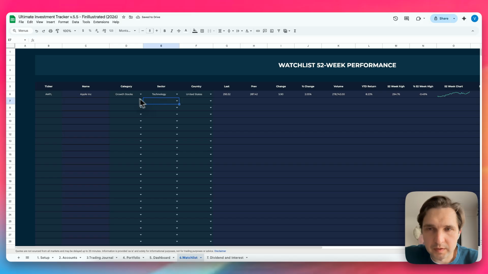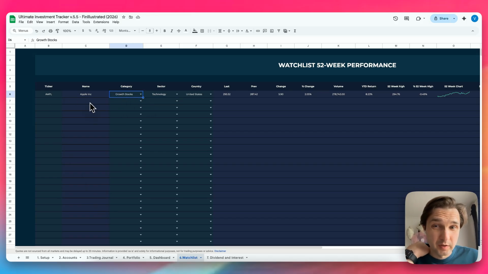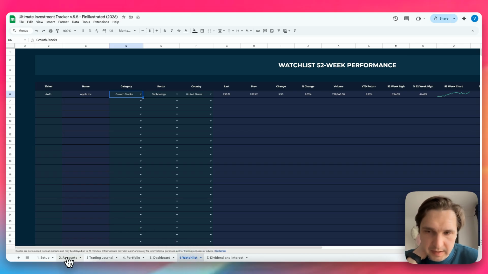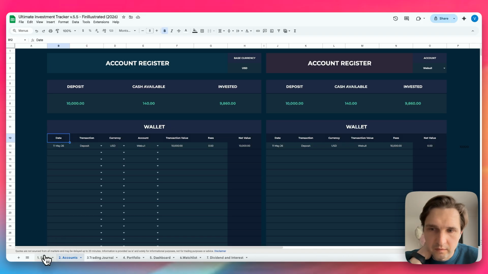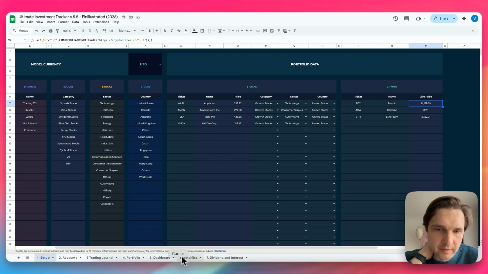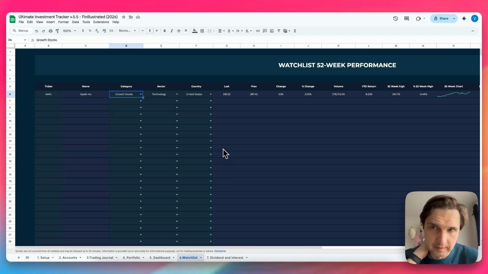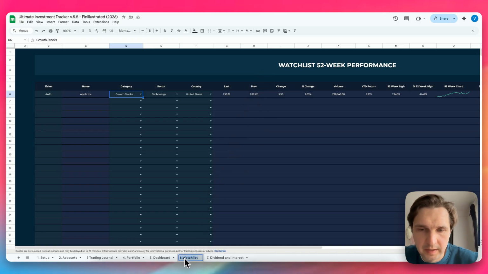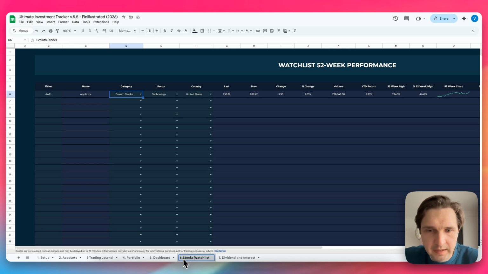So it pulls automatically from this side, but because it's a separate portfolio and watch list, it does not necessarily have to be equivalent to the stocks that you have there. You can run this separately. But this is very important. This is for stocks, okay? Because that's completely integrated with Google Finance.